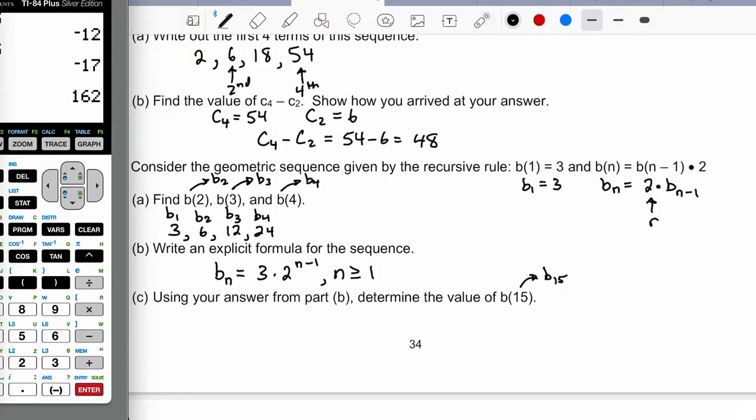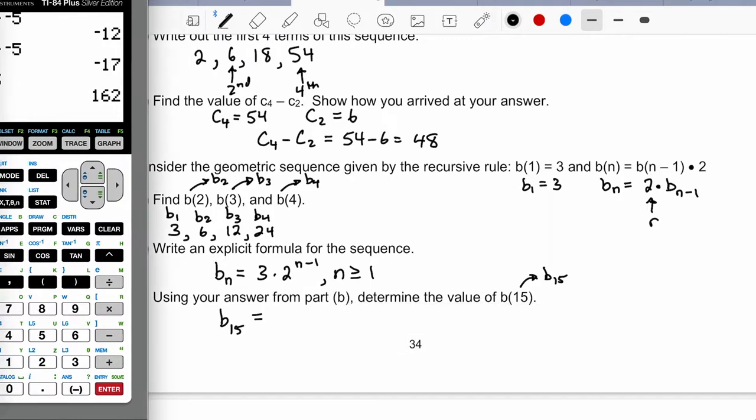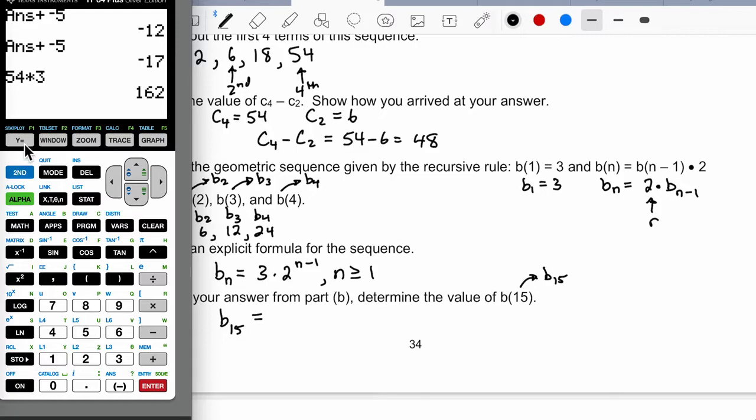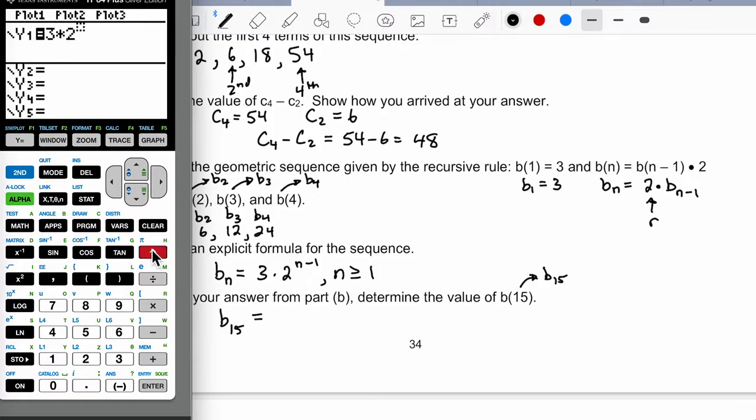What I could just do here is find b sub 15 by either replacing the n with a 15 in the formula, or I could put the formula in the calculator under y equals, just like we did before, 3 times 2 raised to the n minus 1, so x minus 1. All right, so 3 times 2 to the x minus 1.